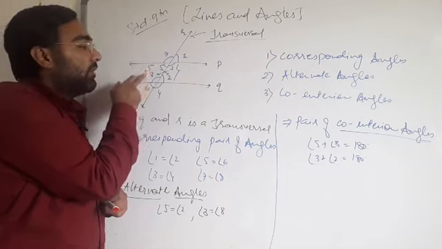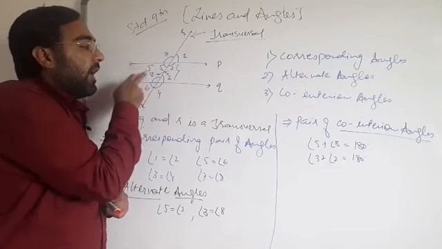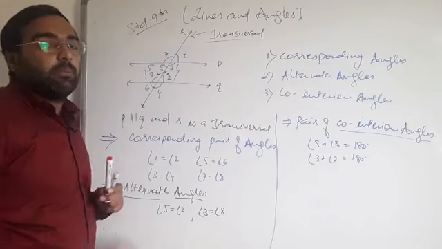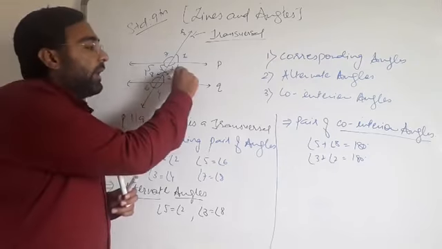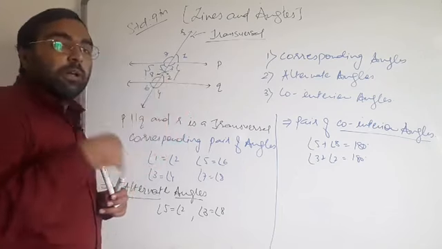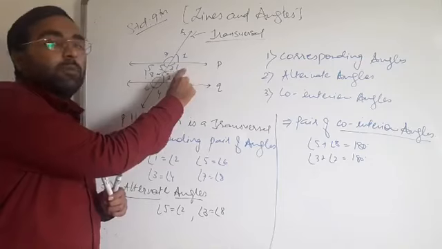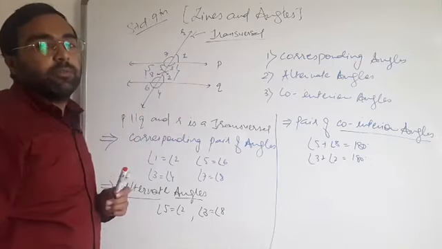So 5 and 8 add up to 180 degrees, and angle 3 and angle 2 also add up to 180 degrees.